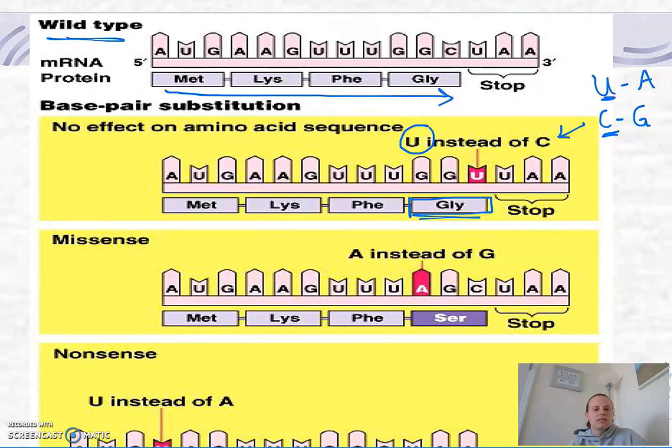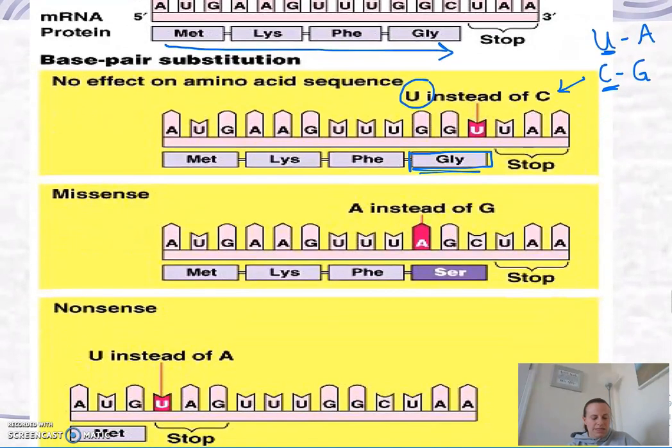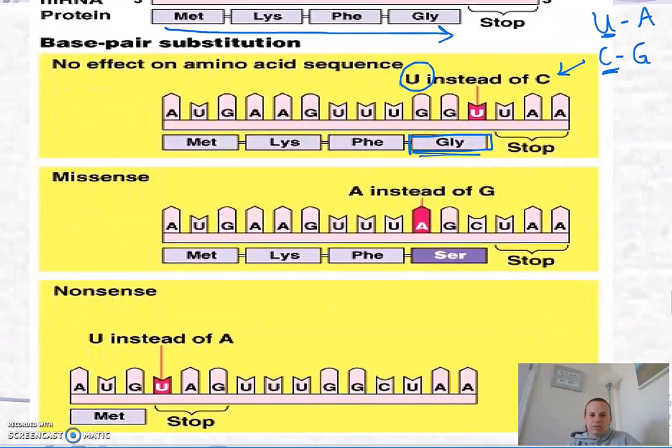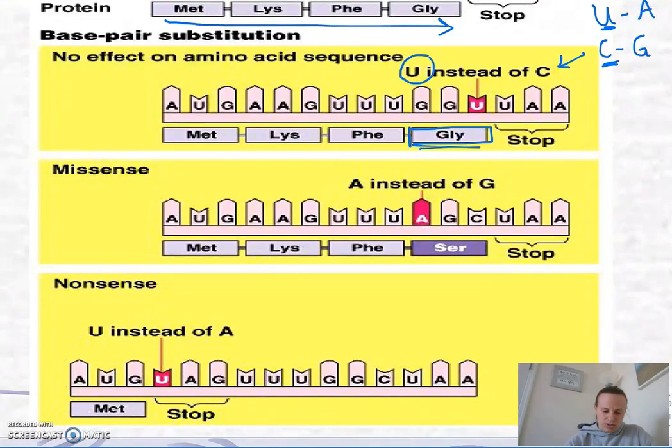I still had a base pair substitution, but because we know that more than one combination of our nucleotides can code for the same amino acid, sometimes base pair substitutions result in no ultimate change in the amino acids. However, in missense and nonsense mutations, that is a different story.